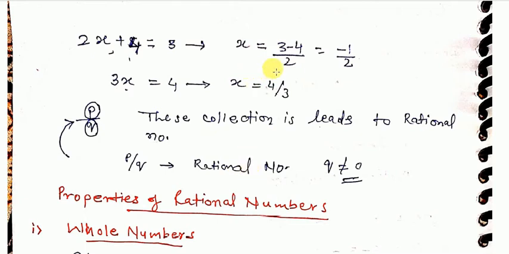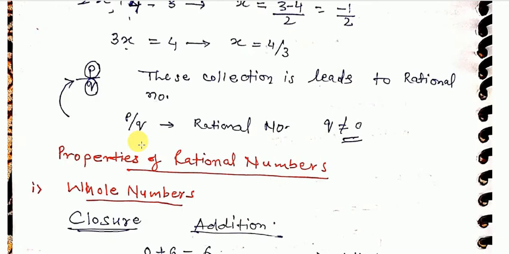I have also taken one more equation, 3x is equal to 4. The solution of this equation is x is equal to 4 by 3. So the solutions of these two equations are rational numbers.